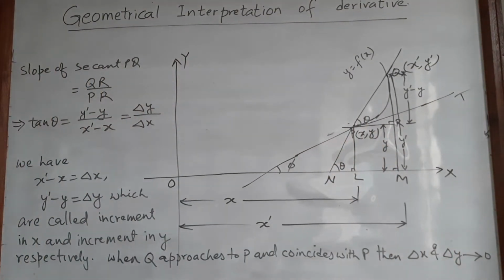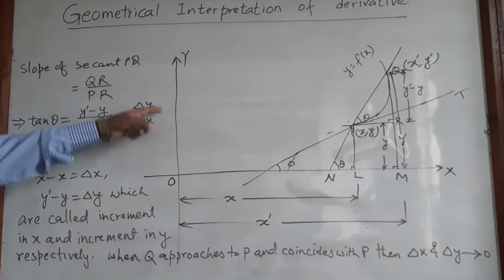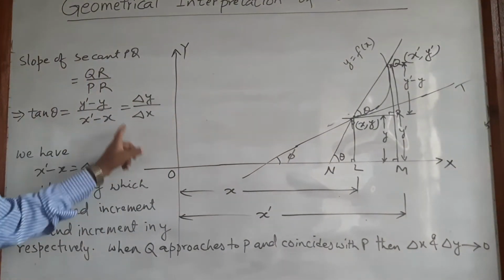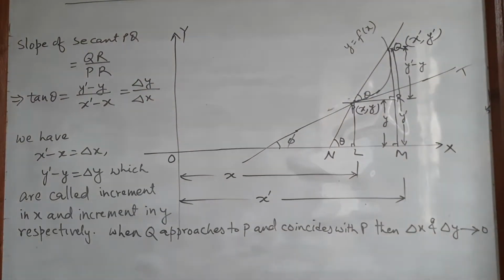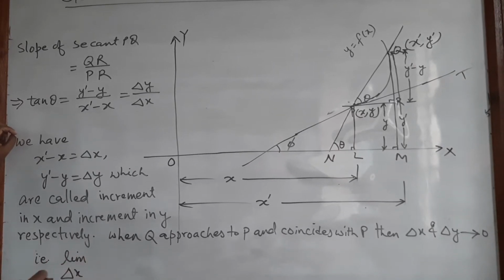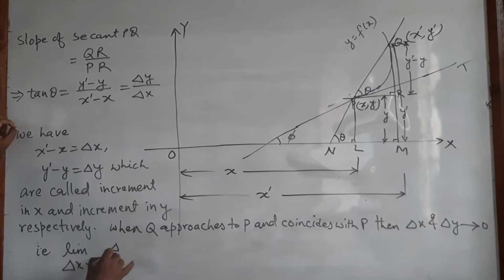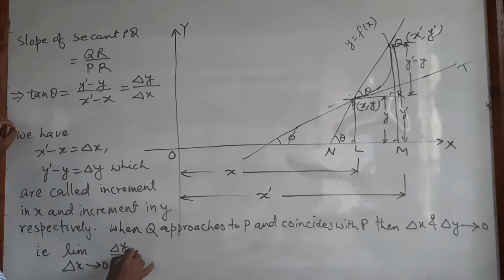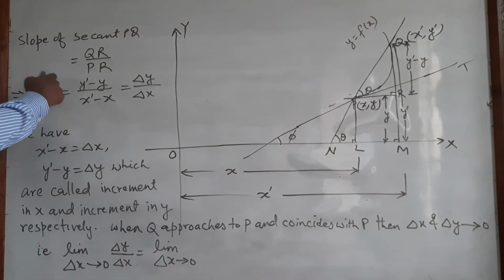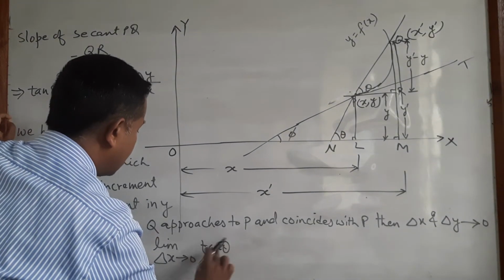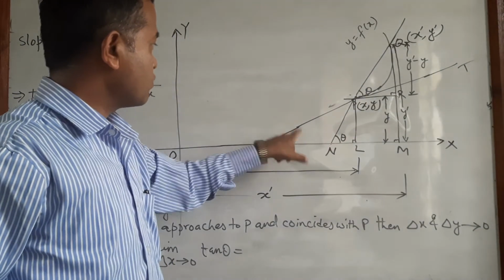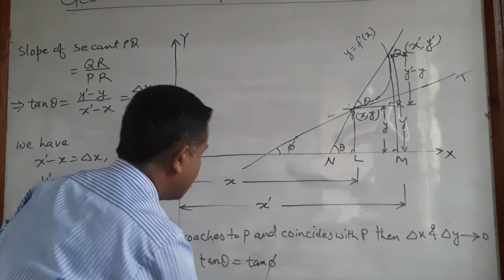In this limiting condition, the limiting position of the secant is the tangent at the point P. That is, the limit as del x approaches 0 of del y over del x, which is tan theta, changes to tan phi.